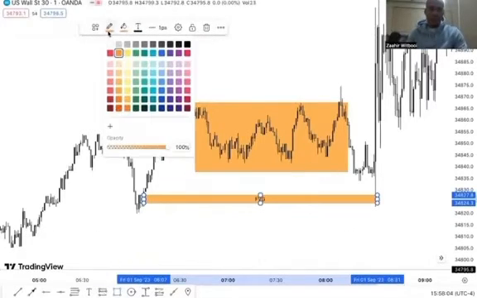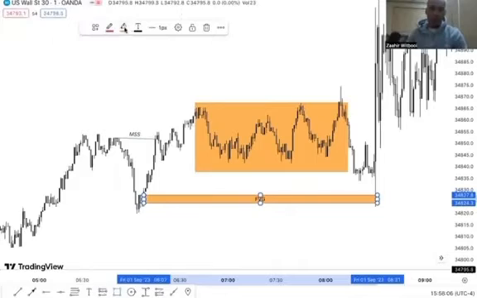Let me just change the color for you guys. Make it pink. Coupled with a 90% fib level.